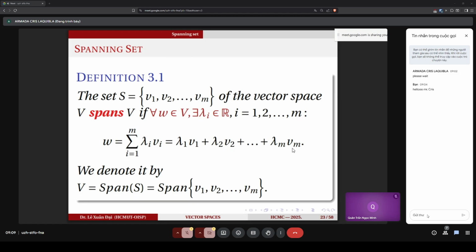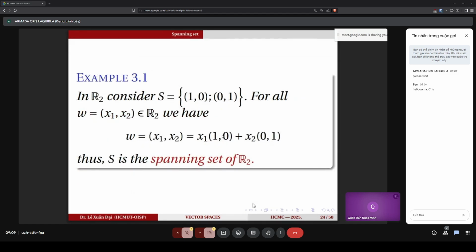So it is equal to lambda 1 v1 plus lambda 2 v2, and so on to lambda m vm. We denote it by V spans S, or span of v1 to vm, or your set S is a spanning set of V.